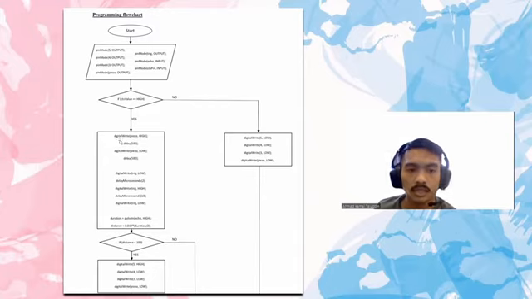As you can see here, it will turn the buzzer on and off with a delay of 500, and also it will trigger the off and on and off of the trigger function of the ultrasonic sensor with a delay of 2 microseconds and 10 microseconds.